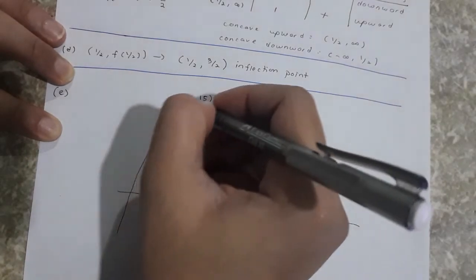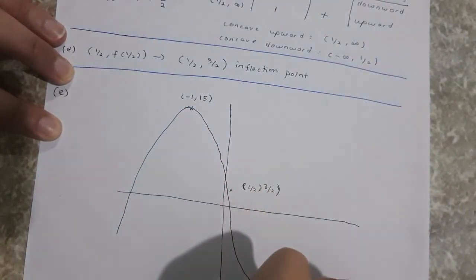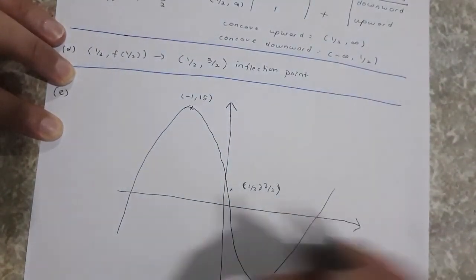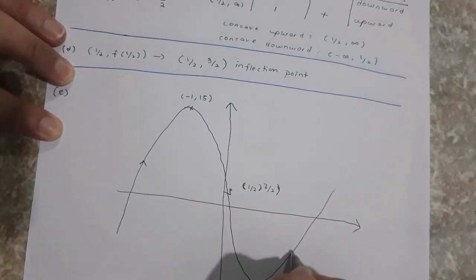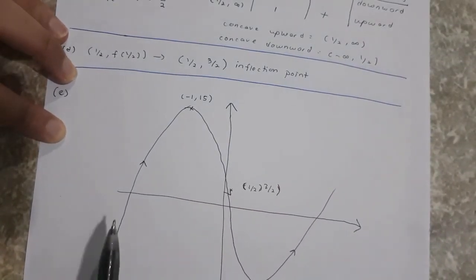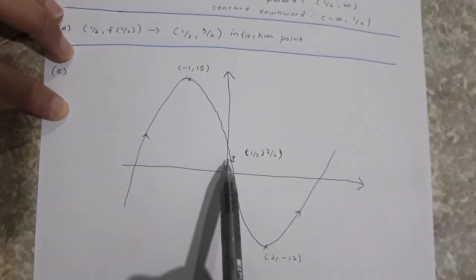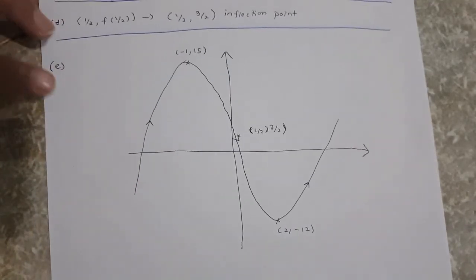Increase, decrease, and increase. So increase, decrease, increase. Concave downward and then concave upward. So this is the correct answer.